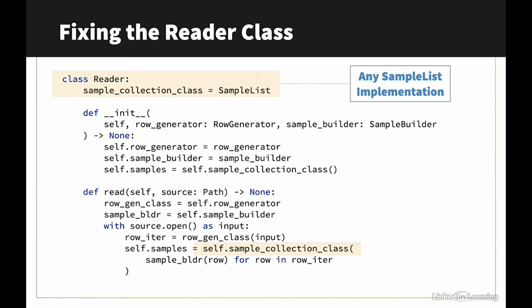Now, a subclass of reader can use a different implementation of sample list with minimal ripples. This lets me upgrade to the new correlation and regression computation and the associated changes to the reader.